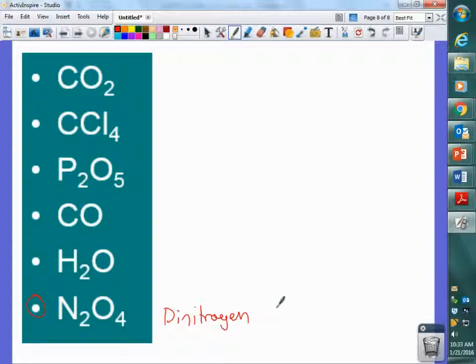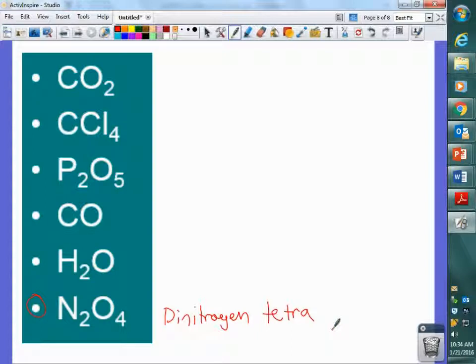Second element in this compound is what? Oxygen. But there's four of them. So, a couple of things here. Three things we have to talk about for the second word of this compound. One, the prefix is tetra. So we'll start with tetra.